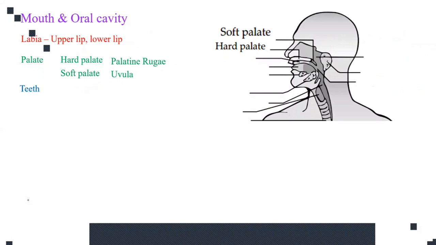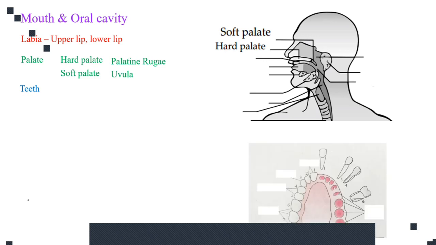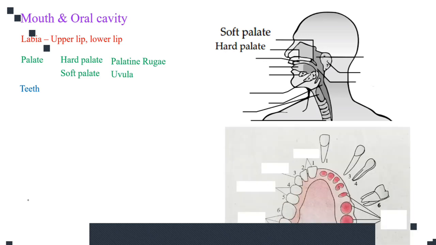And next, teeth. The oral cavity consists of mainly two parts, teeth and tongue. Let us talk about the structure of teeth. These teeth originate from ectoderm and mesoderm, which is called ectomesodermal origin.